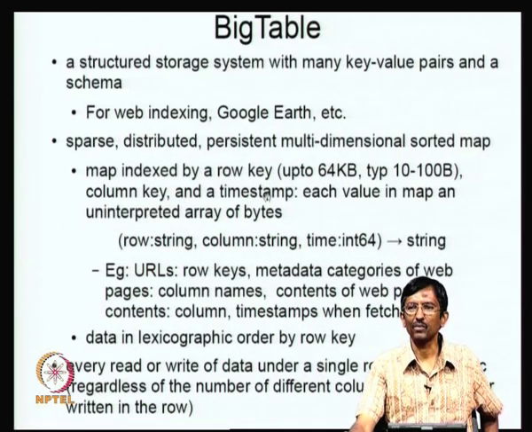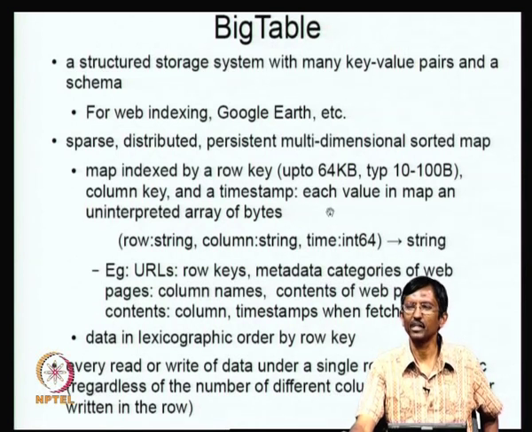Basically, the timestamping is used so that you can have multiple versions of the same piece of information, and you always keep the most recent information accessible the earliest. The later ones you have to take some trouble to traverse the list. And to make it as general as possible, each value in the map is an uninterpreted array of bytes, just like the way Unix treats files, as an uninterpreted set of bytes.